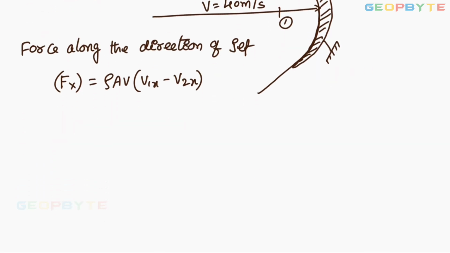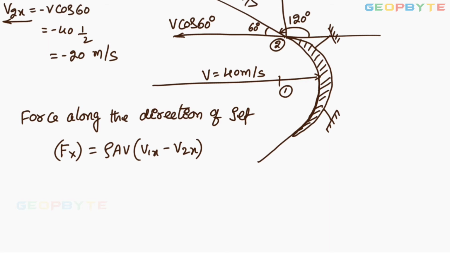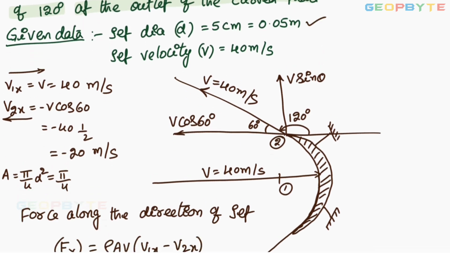Now let us put that value. For density, you should first find the area of the flow. Area of the flow equals pi by 4 into d square. What is the d value? D value is 0.05 meters.